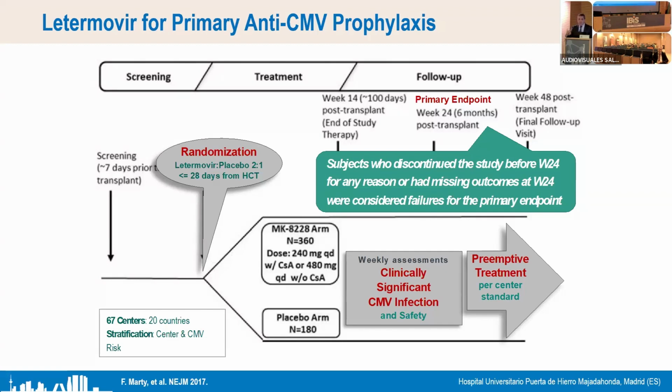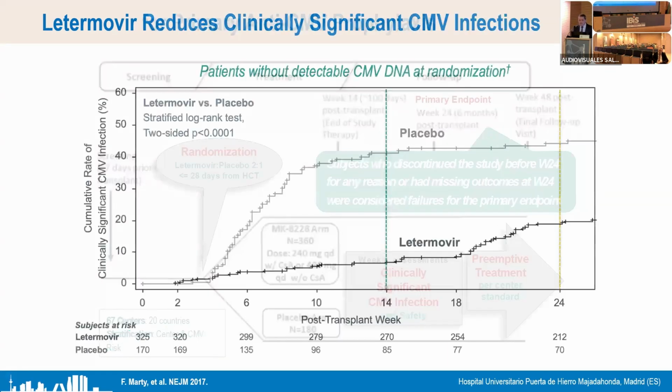So we had to compare with our own real clinical use of the treatment. And of course, it was stratified per center because that was a requirement then. You cannot have a center that works in a particular way and then have only placebo. And then it was also stratified by CMV risk. And these were the results.